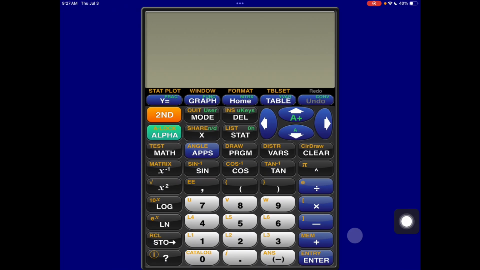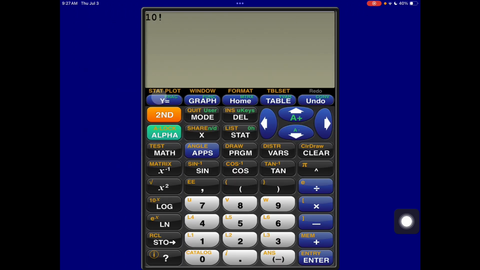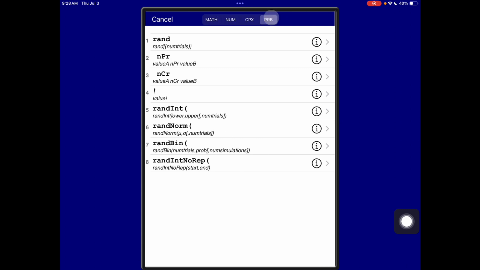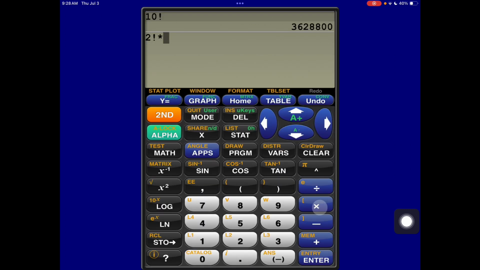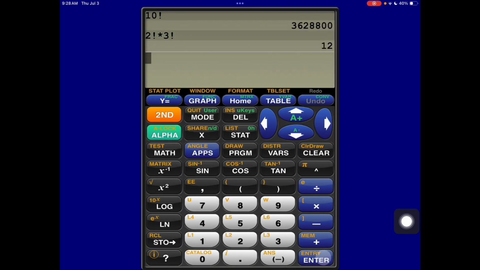On the graphing calculator in the numerator, we have 10 factorial, so go to math, PRB, and then factorial. I'm going to go ahead and get my numerator value, and then the denominator is going to be 2, and then again do math, PRB, factorial, times 3 math, PRB, factorial, and I get my denominator.